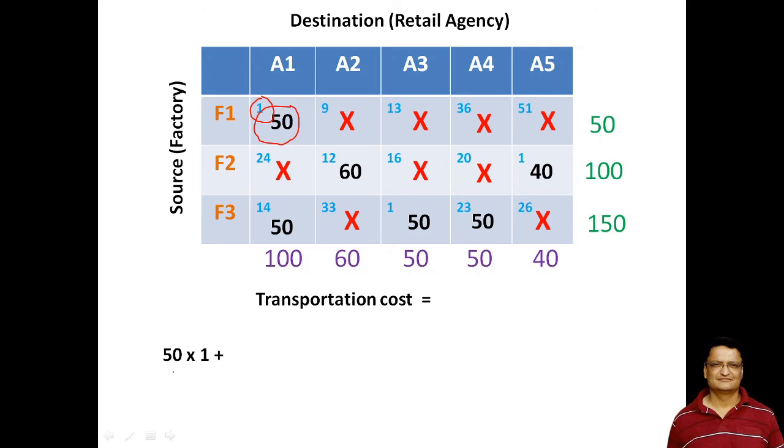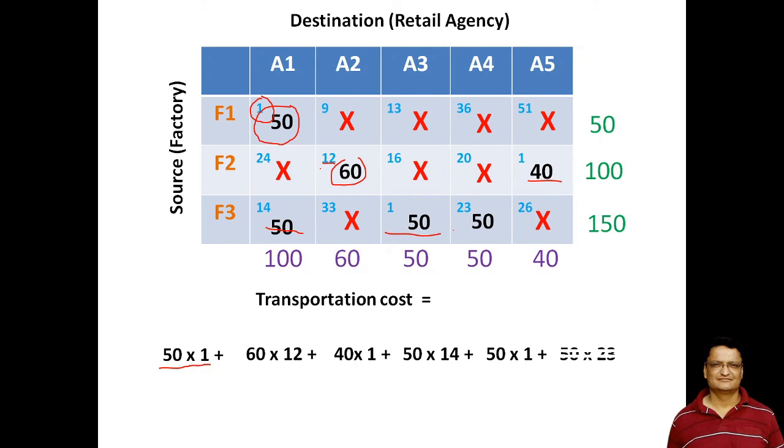So here 50 into 1 plus 60 into 12 plus 40 into 1 plus 50 into 14 plus 50 into 1 plus 50 into 23. All this will come to 2710. So this is the total transportation cost obtained with the help of the least cost method.